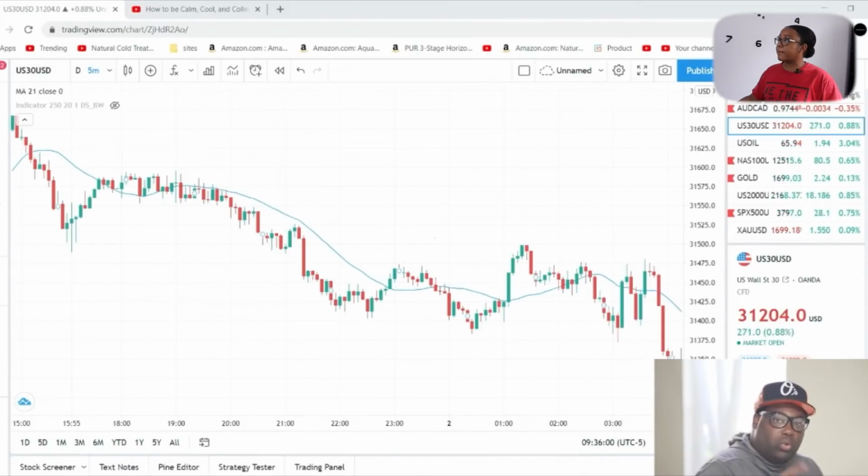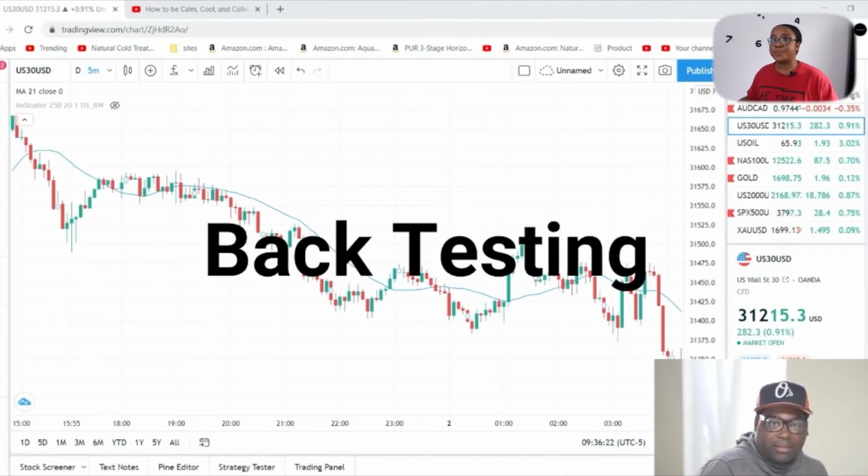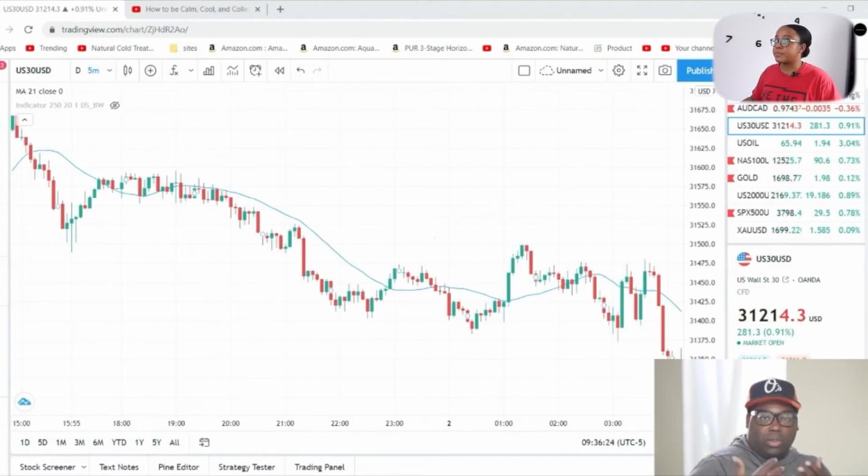So you, as a trader, have to collect data to figure out what works and what doesn't work so you can create an edge. That's the whole point, guys. So the question is, how do we collect data? You do it by back testing. Now, we're going to go over how to do back testing right now, and I have a different way of back testing.